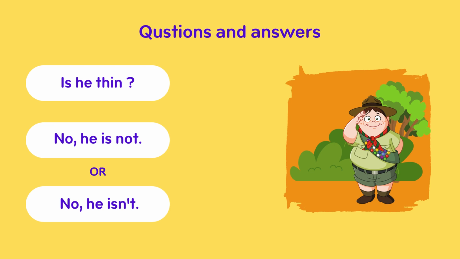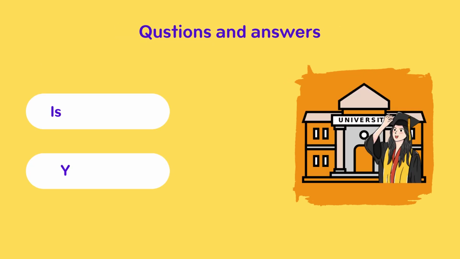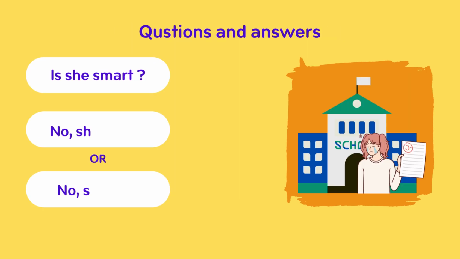So what we do for positive answers, we simply use an affirmative sentence. And for our negative answer, we use a simple negative sentence. Is she smart? Yes, she is. For our negative answer, no, she is not. Or, no, she isn't.